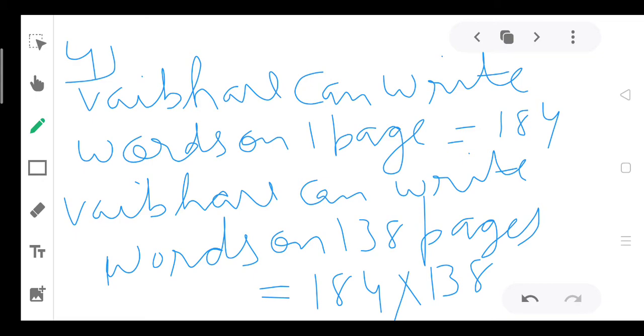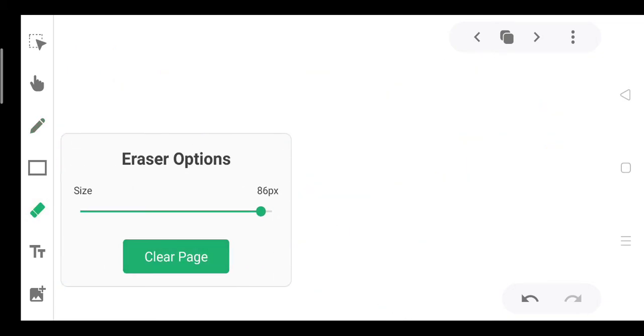Here on the screen I do not have sufficient space, that's why I have written the statement in 2 lines. But in the notebook you have a lot of space, so you will write this complete statement in 1 line. This full statement you will write in 1 line, and this also you will write under this. Now we will do our multiplication.